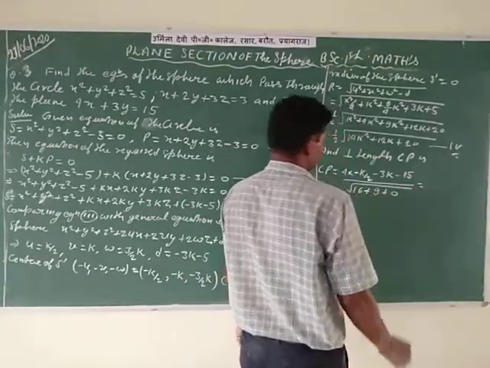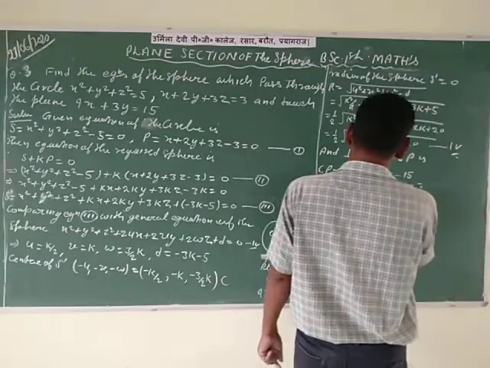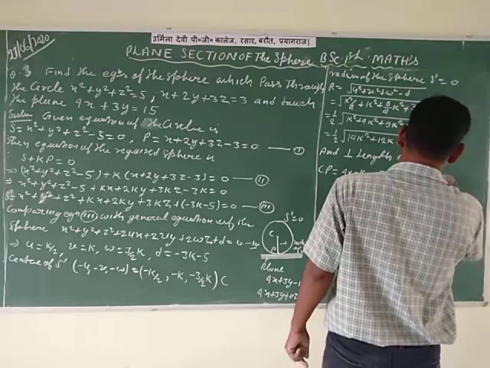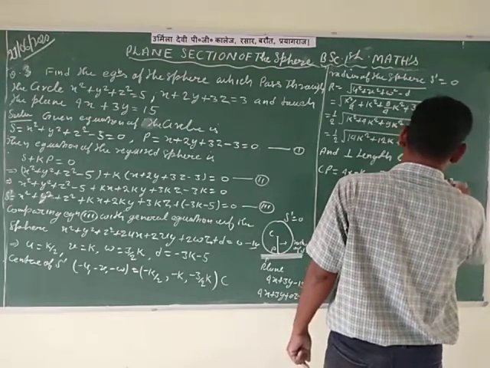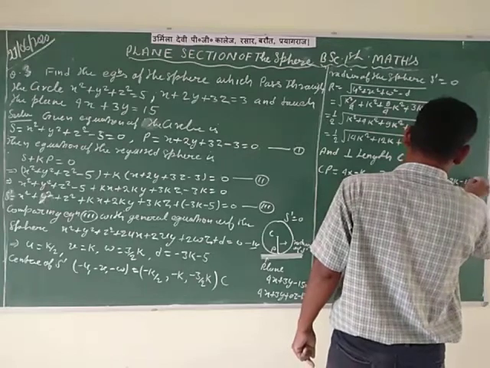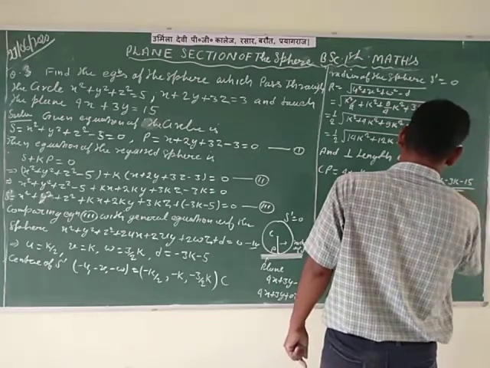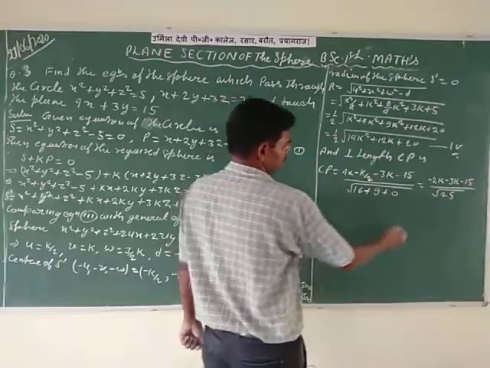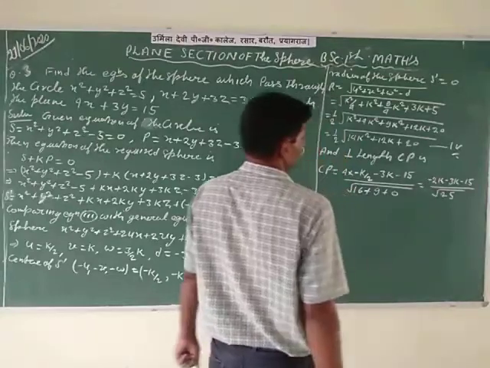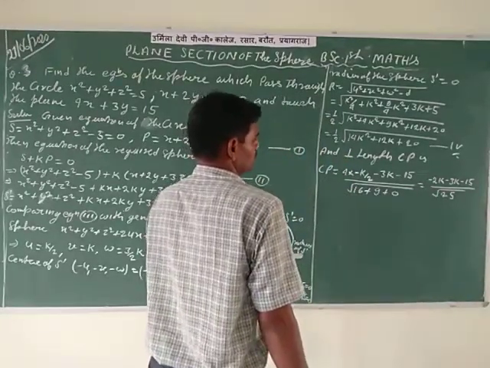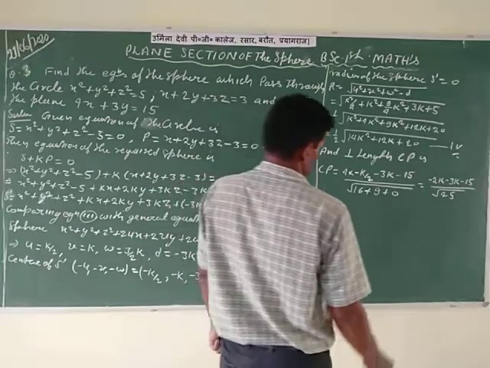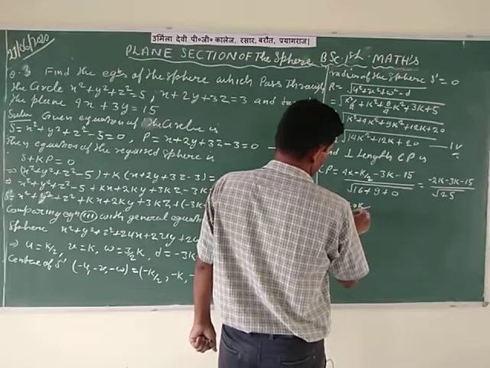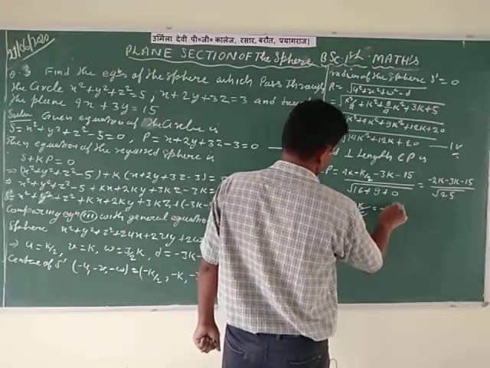After simplification it is minus 2k minus 3k minus 15 divided by under root 25. Here minus 2k minus 3k minus 15 is minus 20, so minus 20k by 5 is equal to minus 4k.